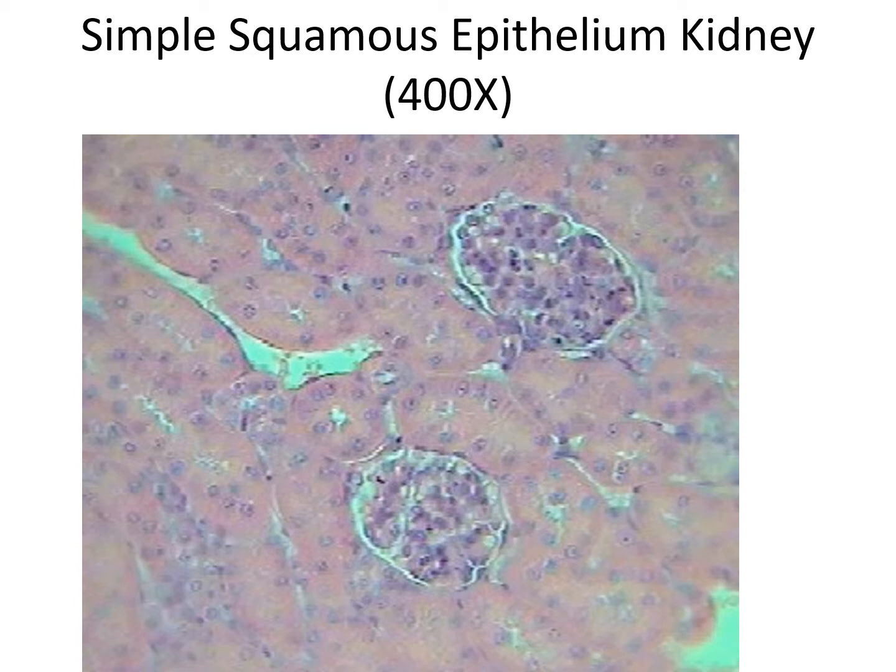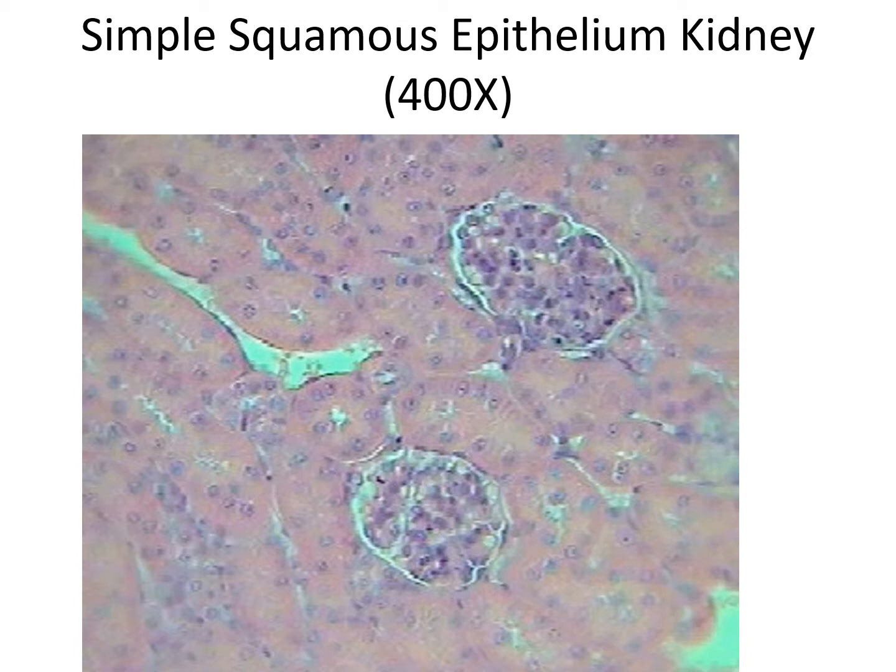Okay, so over here, you see also simple squamous epithelium, but this time this is a slide of the kidney. And this is what is important to remember. When we're looking at these histology slides, we're not really looking at tissues, we're looking at organs.